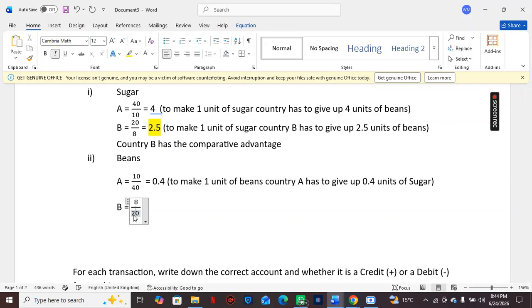Colleagues, what is 8 divided by 20? 0.4.